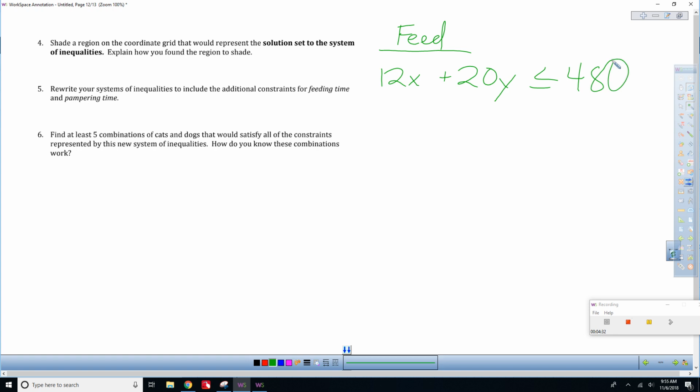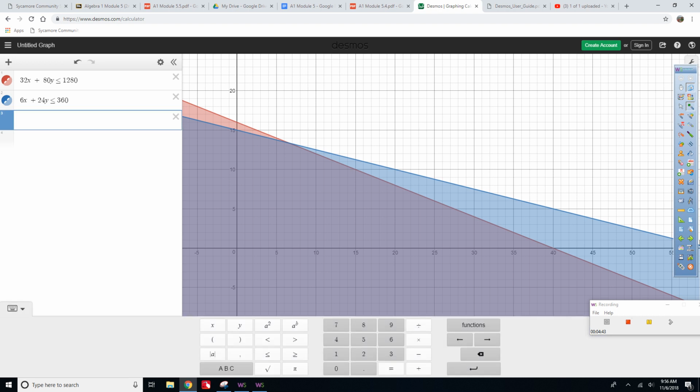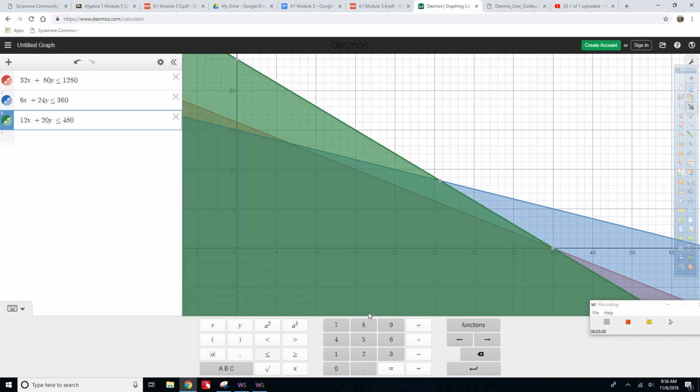Okay? So let's add that to our Desmos group. 12x. Oh, look, it's green. Lucky us. Plus 20y, and that has to be less than or equal to 480.